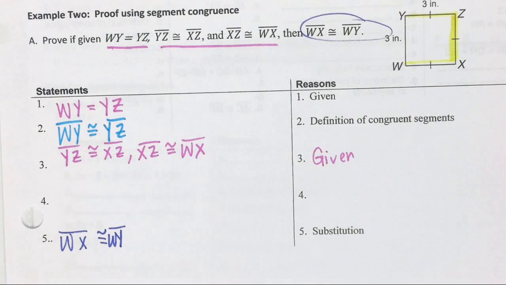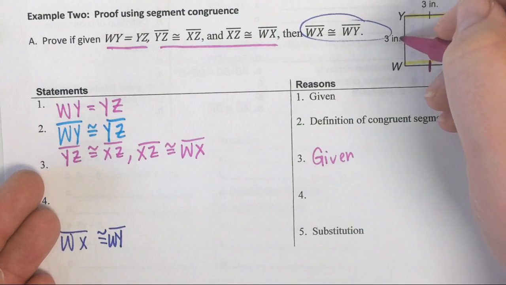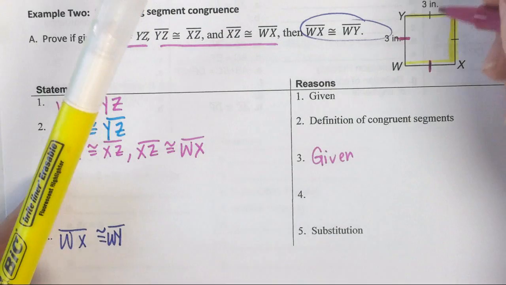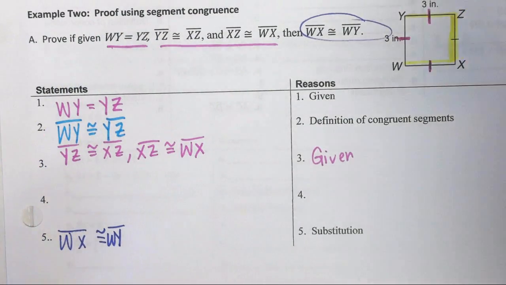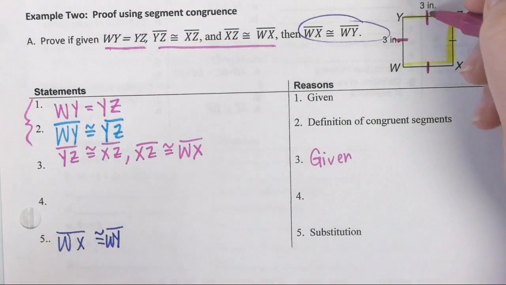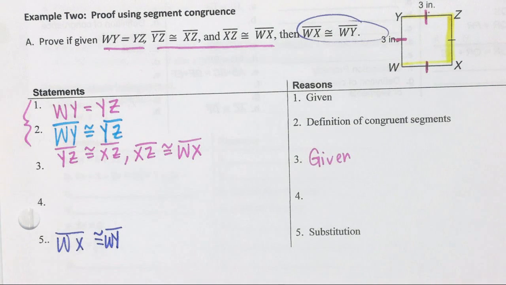And they want us to show that WX is equal to WY. Well, we know we can add the dash to WY because it and YZ are the same length. So that's really what we're covering in 1 and 2, is the fact that that one has a 3 and that one has a 3, and therefore we can add a dash to WY. That's what 1 and 2 is handling.